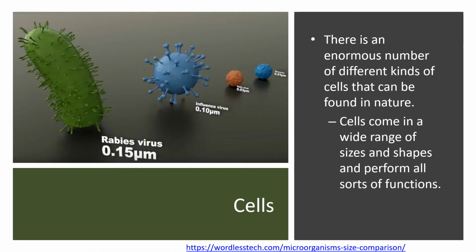So there's an enormous variety of different sizes of cells that you can find in nature, and they come in all different shapes and have all these different types of functions. If you go to this link, it's going to take you to a size comparison that will show you the different sizes of, in this case, I think most of them are viruses and bacteria.